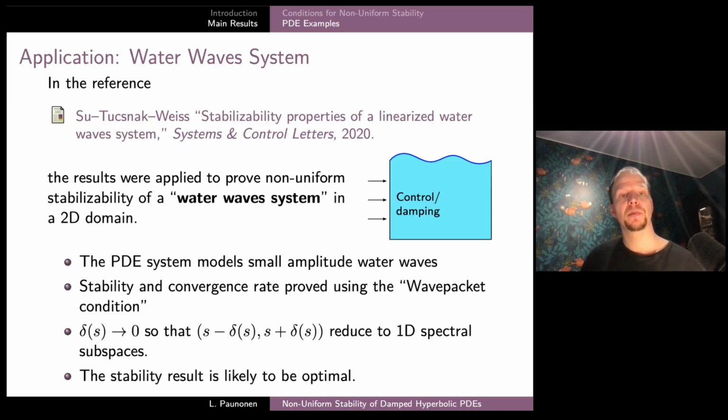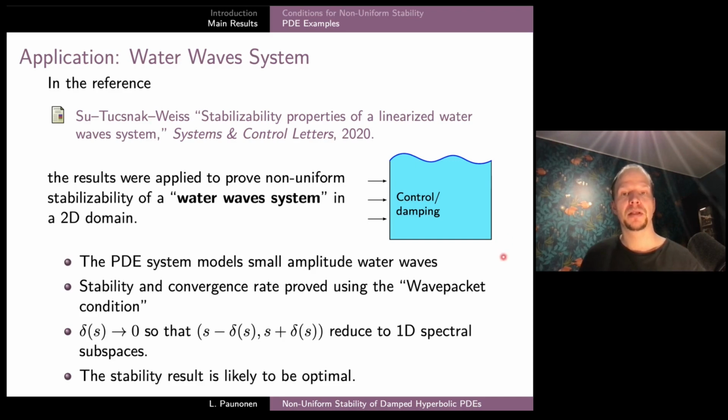And finally, in a recent work cited here, the authors used our results in order to investigate the stability properties of a so-called water wave system, which is a two-dimensional coupled PDE system modeling the dynamics of small amplitude water waves.